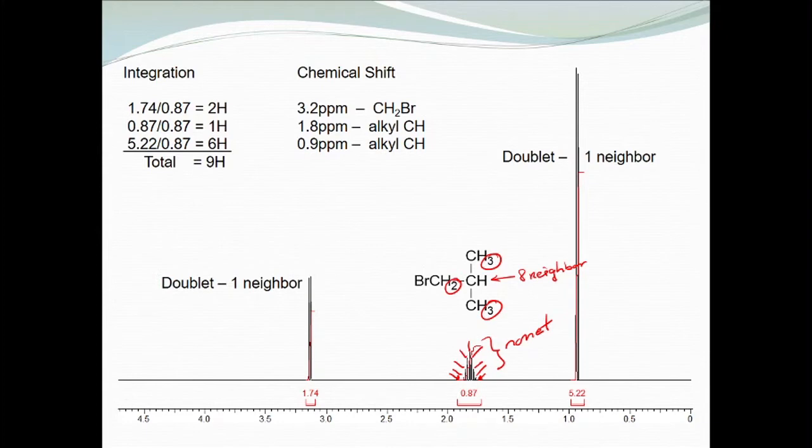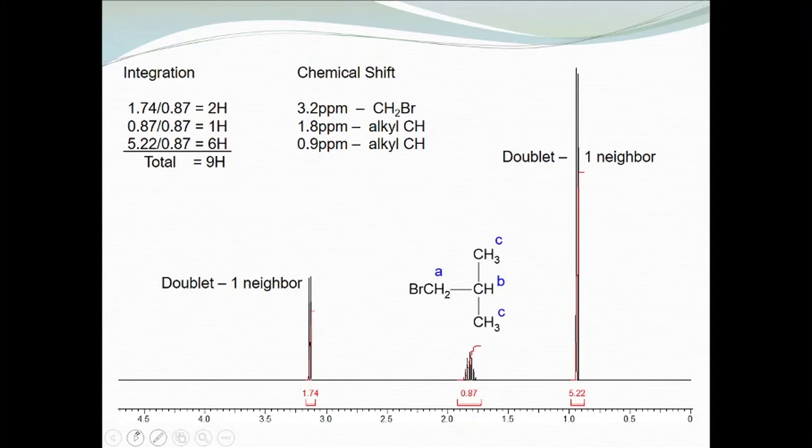And it's easiest to do that and explain what's going on if we label our hydrogen so we can refer to a hydrogen as hydrogen A. And so in the discussion you could say the peak at 3.1 ppm correlates to hydrogen A, and your reader would know what you're talking about. So you do need to have a structure of the bromoalkane, and you need to have it labeled.